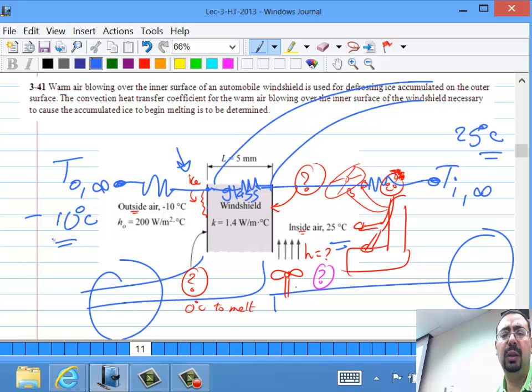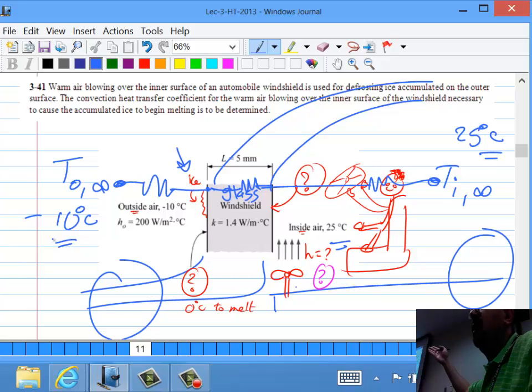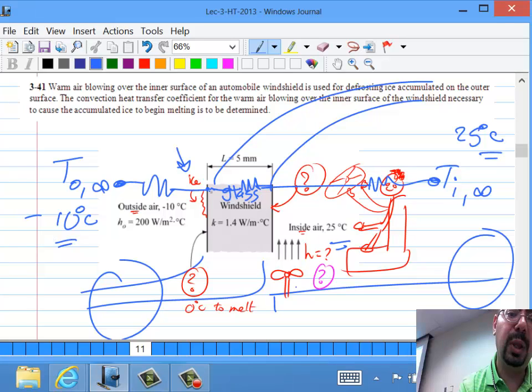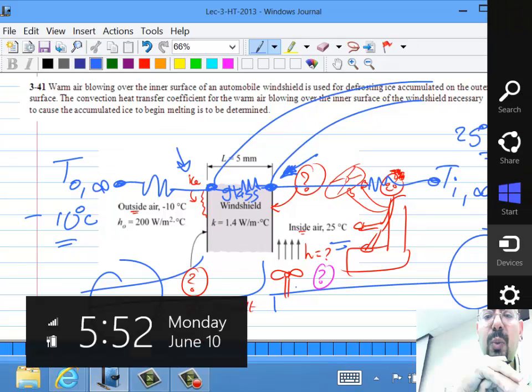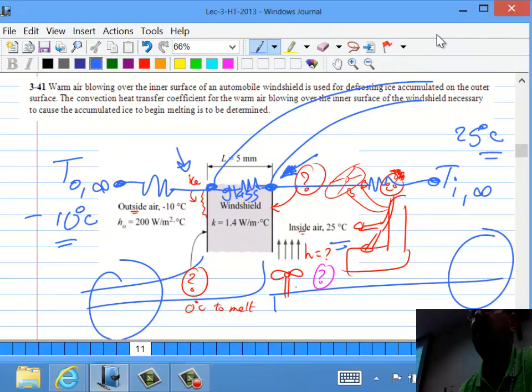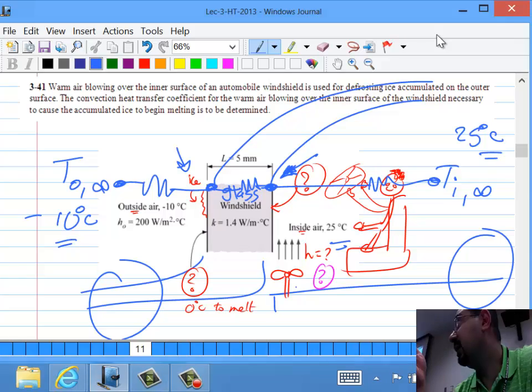And what do you think the temperature is on the inner side of the glass? Can anyone give me a guess, just a number that makes sense? Mallory is saying that it should be less than 25. Why did she say 20? Because she thinks there's a resistance between the hot air and the glass.